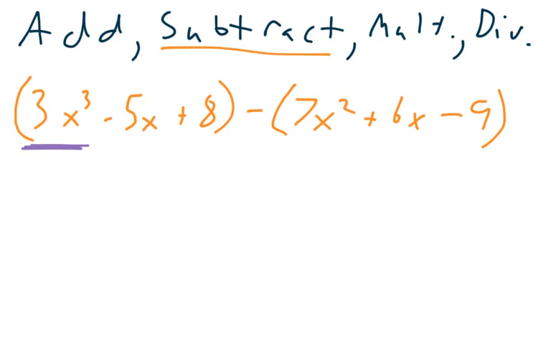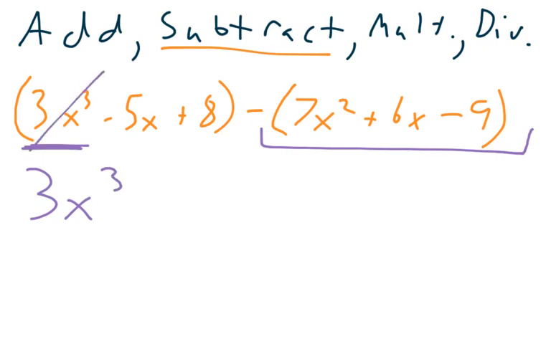Now on this other side of the problem, do I have anything that has an x to the third? So in this case, I don't have anything with an x to the third, or with an x and an exponent 3. So there's nothing I can subtract from that. So it's just going to come down and be by itself. So I'm done with that.